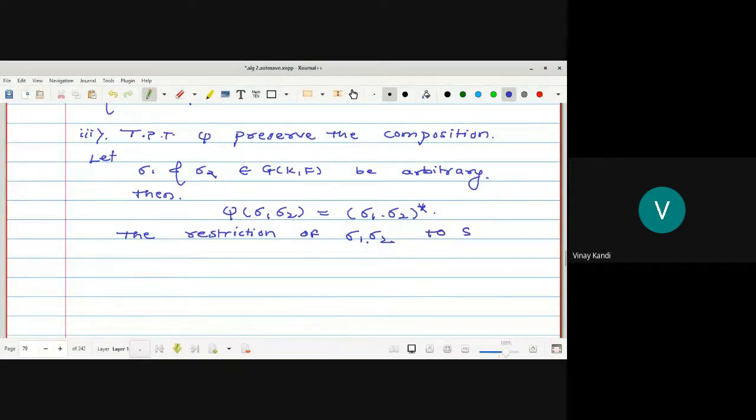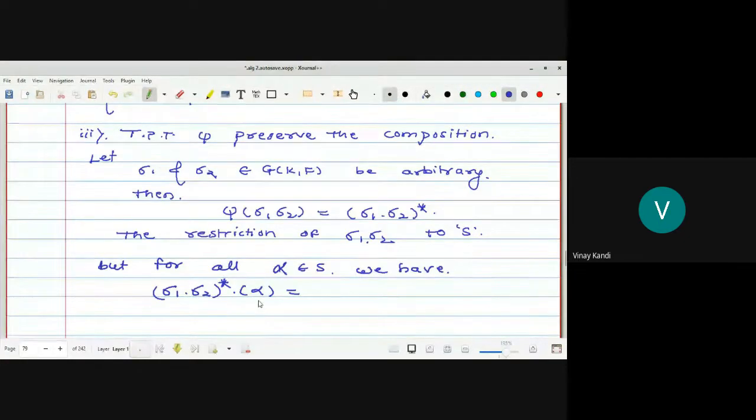But for all alpha belonging to the set S, we have (sigma 1 sigma 2)* of alpha. If you apply this function to alpha, what do we have?